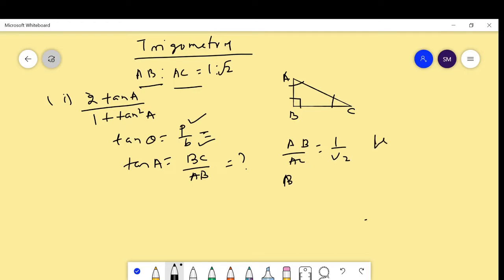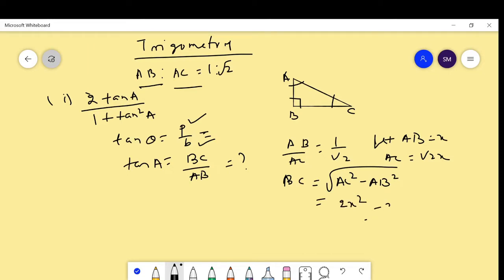Let AB be equal to x and AC be equal to root 2x. Then BC is equal to the square root of AC square minus AB square, which is the square root of 2x square minus x square, which is the square root of x square, which is equal to x.